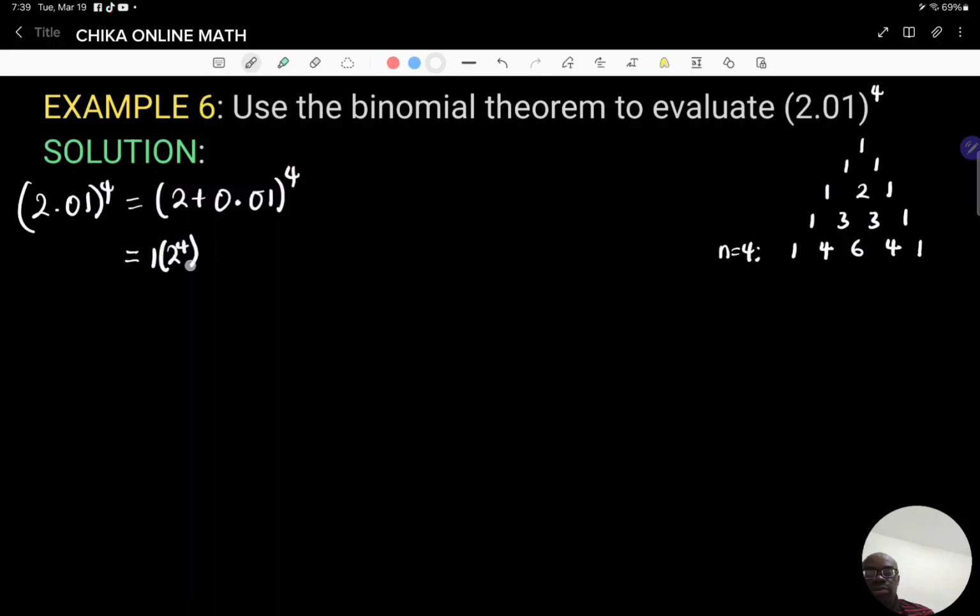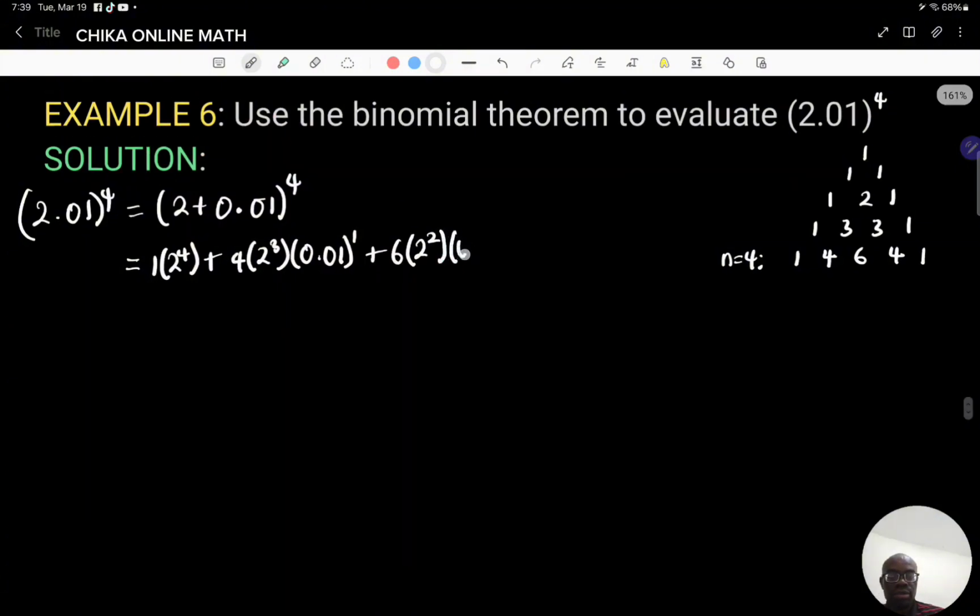1 times 2 raised to the power 4, plus the next coefficient is 4, so we have 4 times 2 raised to the power 3 times 0.01 raised to the power 1, plus the next coefficient is 6, so we have 6 times 2 raised to the power 2 times 0.01 raised to the power 2, plus the next coefficient is 4, 4 times 2 to the power 1 times 0.01 raised to the power 3, plus the last coefficient is 1.